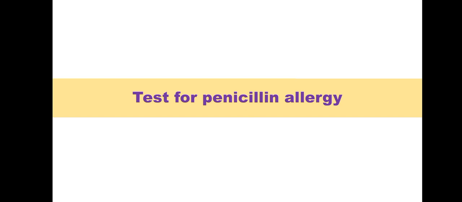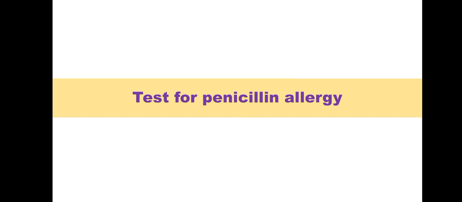Then in today's class we have discussed the penicillin. Penicillin is a very safe antimicrobial. The only problem is that some patients are allergic to penicillin, and in them there is a chance of development of anaphylactic shock. For that you have to do the scratch test, and for that you have to administer a small amount of penicillin through the intradermal route.